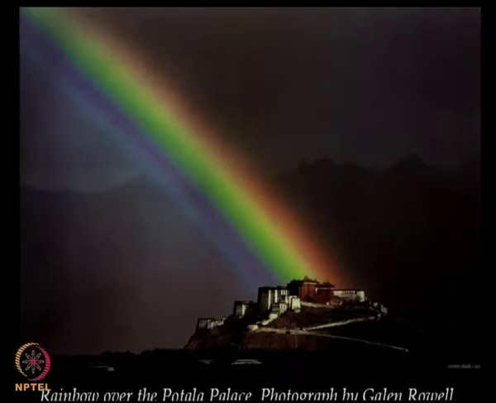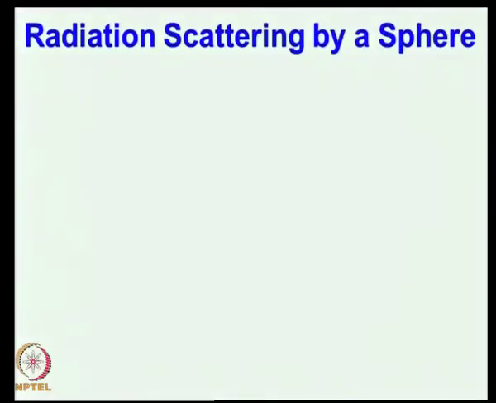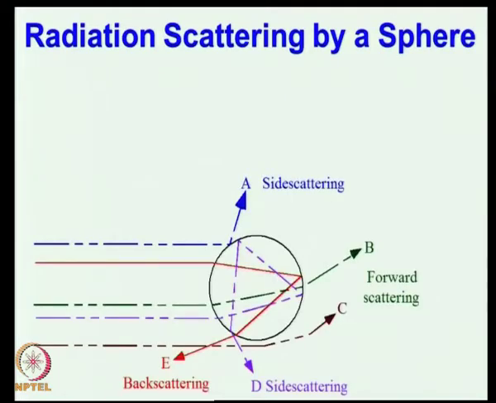But there are other examples also, which we will look at. Now, in all these phenomena, there is scattering from a sphere. And in the last class, we saw that scattering has various features in it.